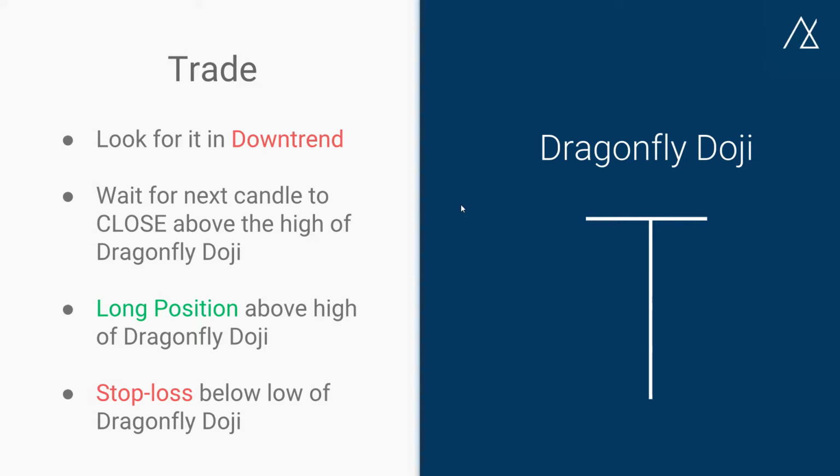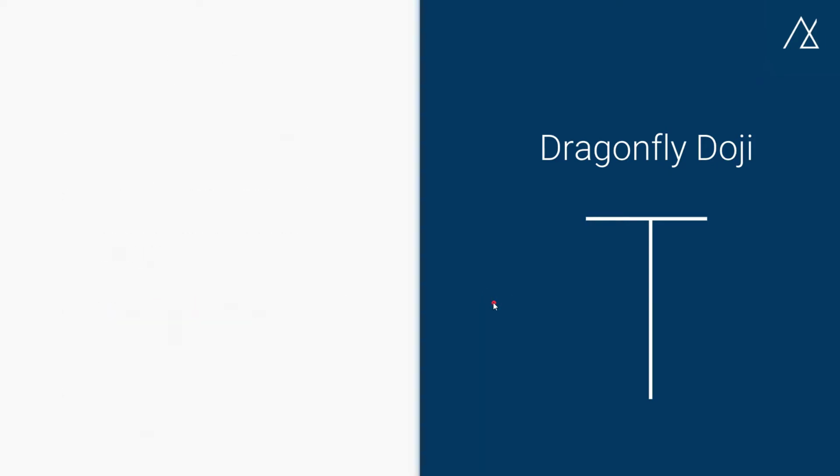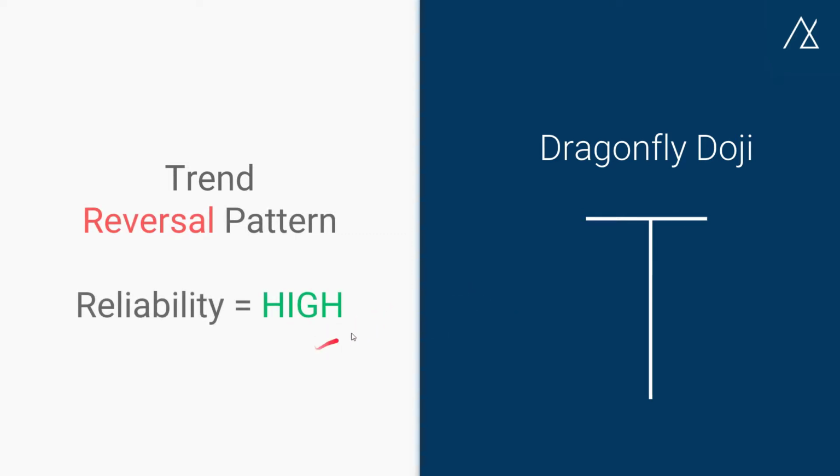So dojis are a reversal pattern and the reliability is high. Now I'm going to scale each and every candlestick pattern on three reliability levels: low, medium and high. So their importance is very high, so I've started with this only.